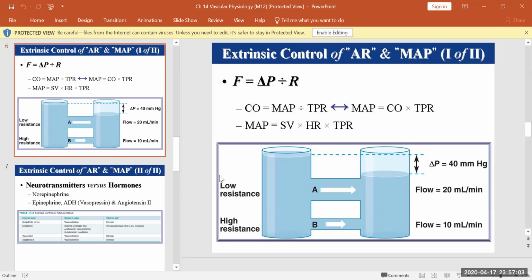Okay, so if you look at tube A and tube B, the diameter in the case of tube A is obviously larger than in B. Visibly, obviously smaller diameter than A. Now pay attention here, okay?